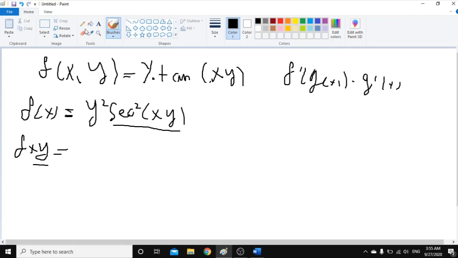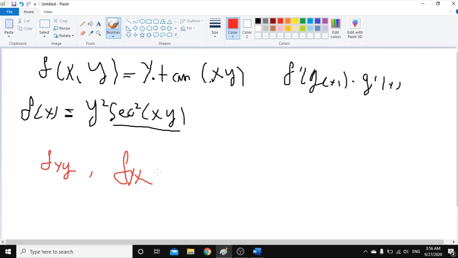Remember them, and everything will be easy, hopefully. So as an exercise for you, you can find f with respect to y, and you can find f with respect to y and then with respect to x.